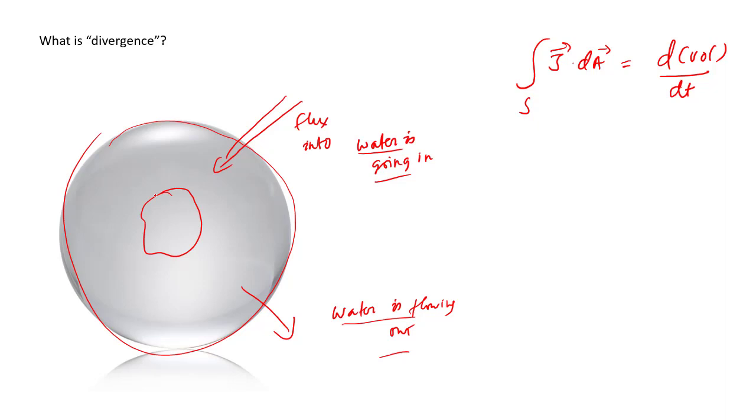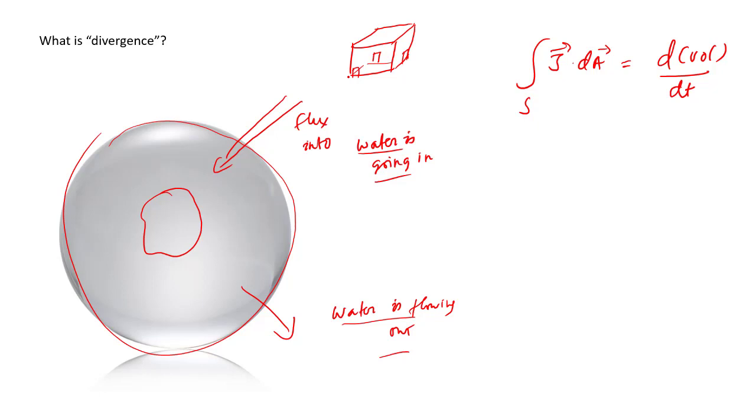For example, an easier way to think about it in an analogy is if you have a classroom or a building with so many doors, there is a door here, there's a door there, there's a door at the back. With so many doors, we can keep a count of the number of people entering and exiting the building.